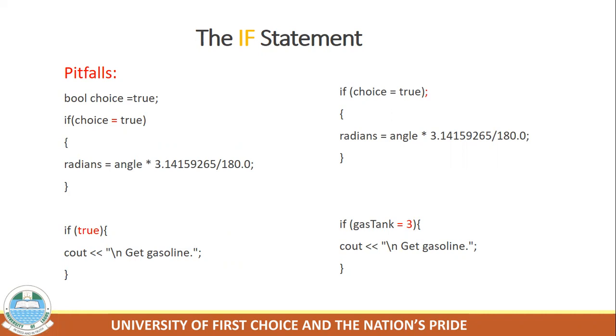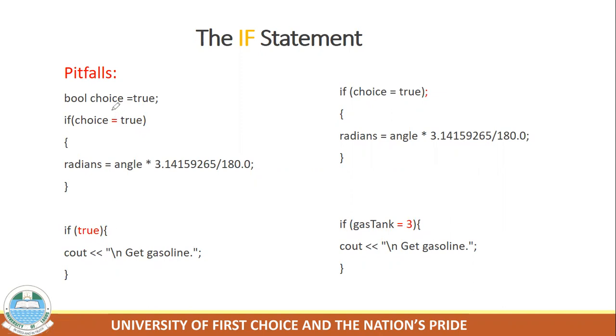Okay, so look at this. You've already declared a variable called choice, and choice is true, declared as a boolean. Now you want to test if choice is true. Sometimes when you are writing your program, you tend to forget that you use your double equal to.